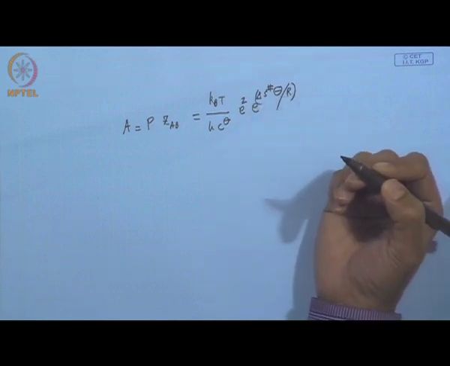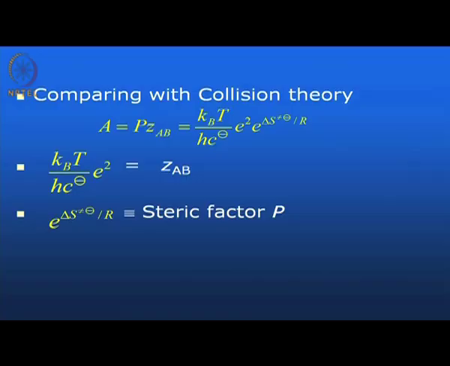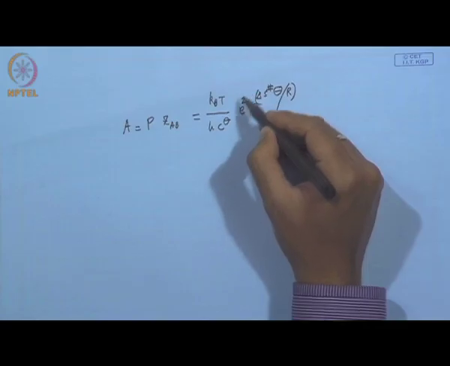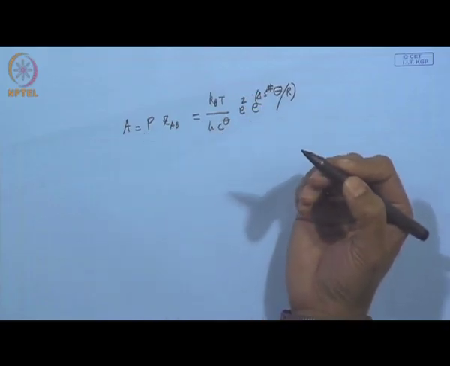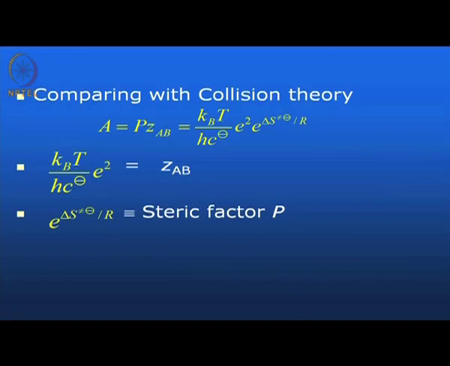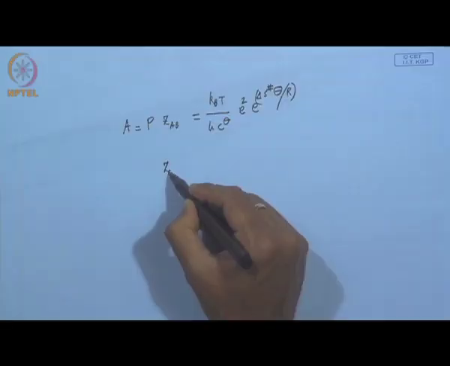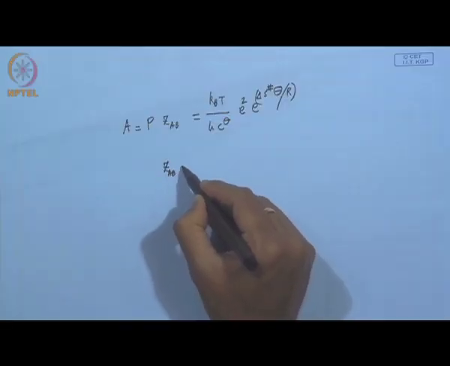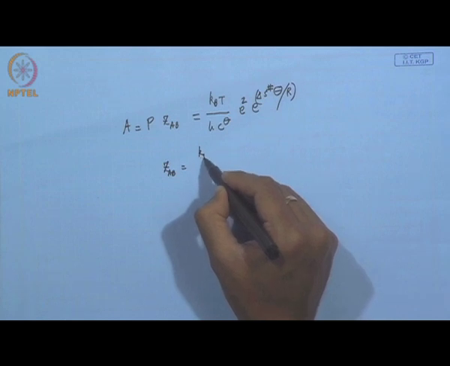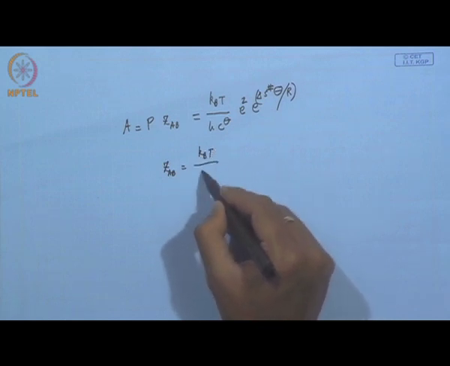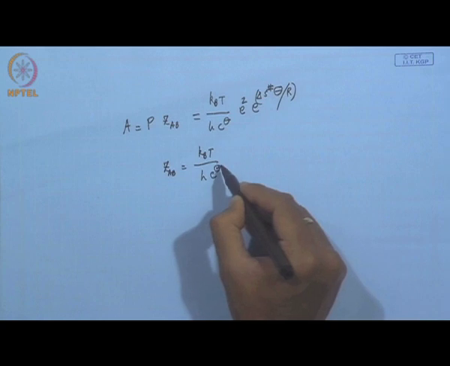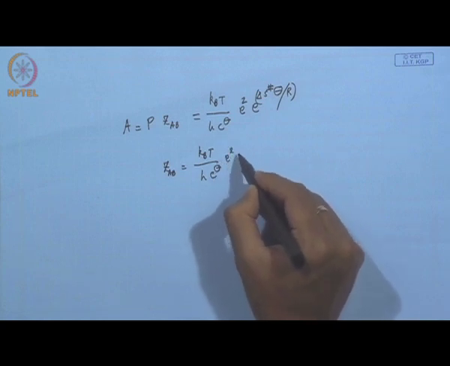Okay. If we compare this with this one, then what do we get? We get z_AB is equal to k_B T by h c standard into e square.